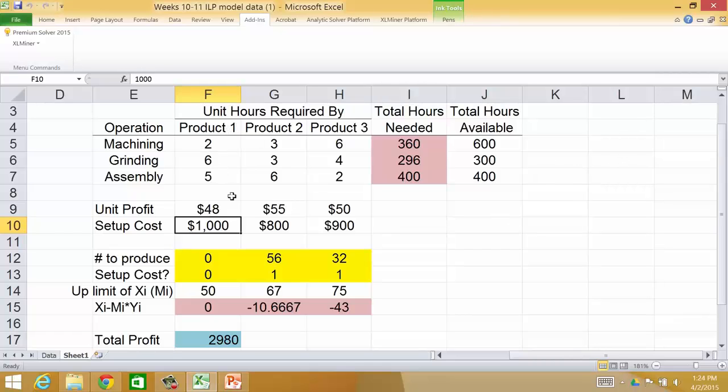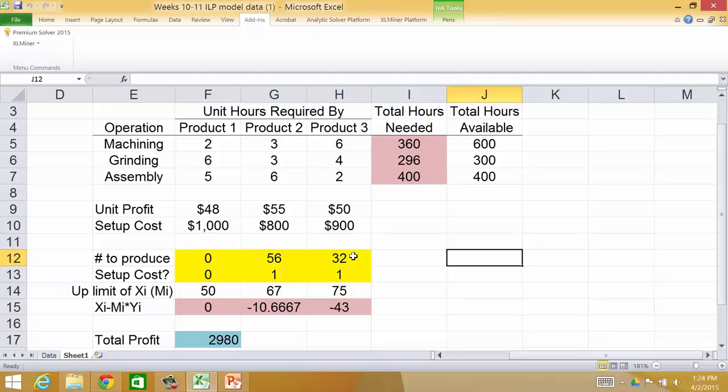It consumes the most resource, has the highest setup cost, and the lowest unit profit. So it's not suggested to be produced in this optimal solution, which makes sense. This is one way to check whether your optimal solution makes sense. I hope that you develop the habit of taking a look at the solution to see if it makes sense to you after you solve every problem.